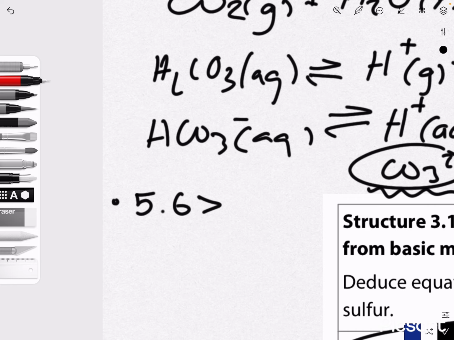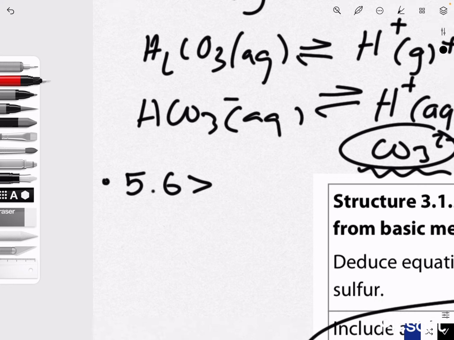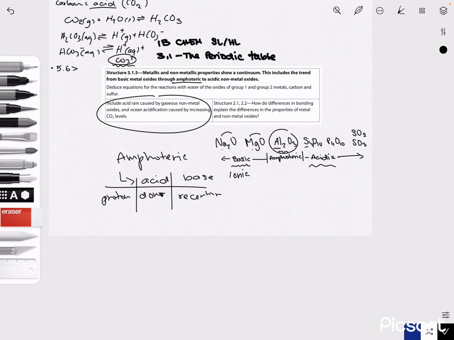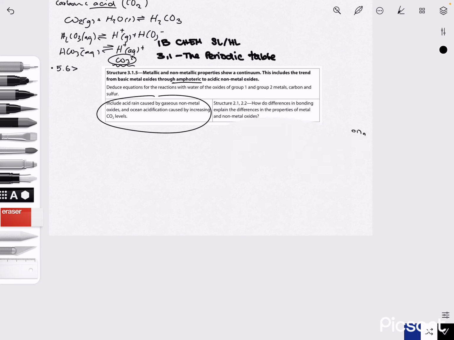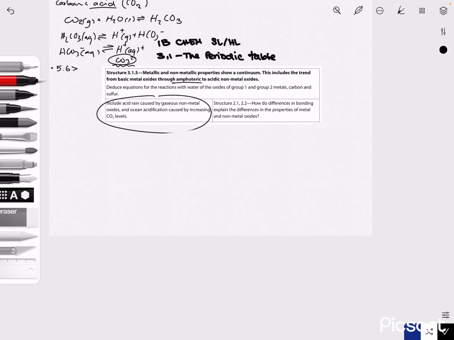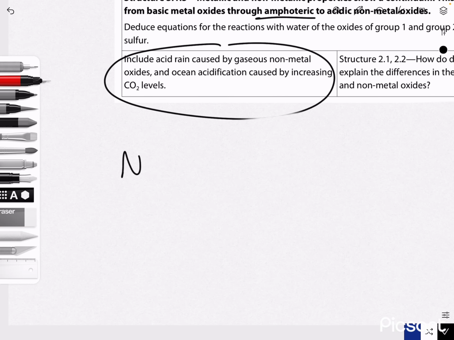environmental example of these oxide reactions would be looking into nitrogen. Let's make ourselves some space so that we can better look into that. So, nitrogen. Diatomic, and when bonded with oxygen, we get 2NO.